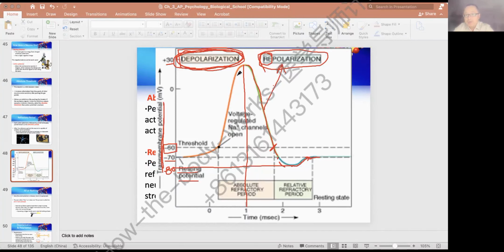So this is the whole story: the transmembrane potential goes from minus 70 MV, like a roller coaster, climbing up and descending, and then going back to the starting point, minus 70.